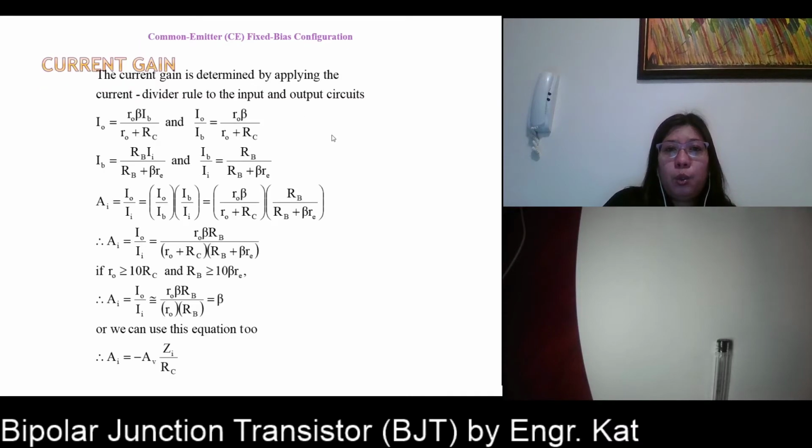For the current gain, it is determined by applying the current divider rule to the input and the output circuit. That gives you approximately beta, or we can use this equation too: negative Av multiplied by Zi over RC.